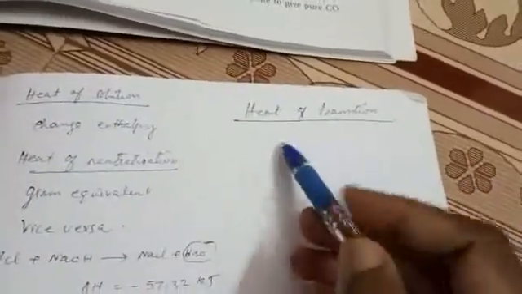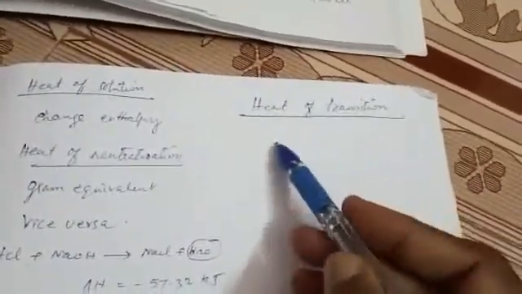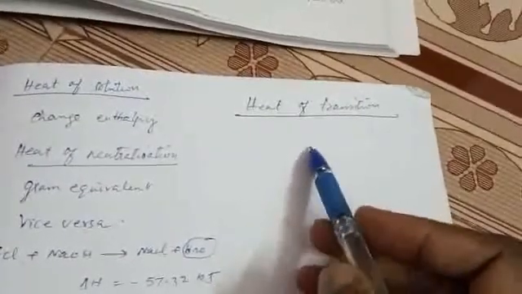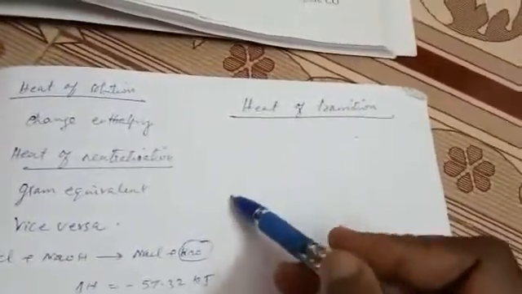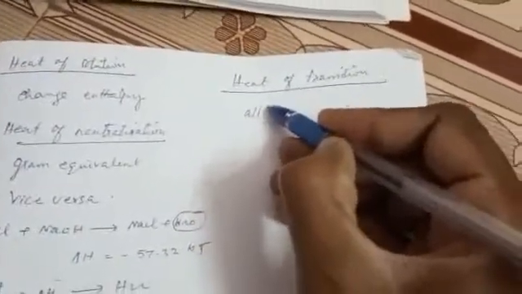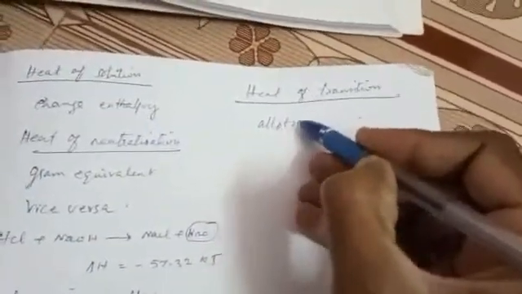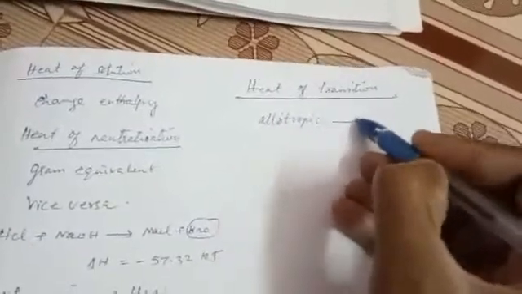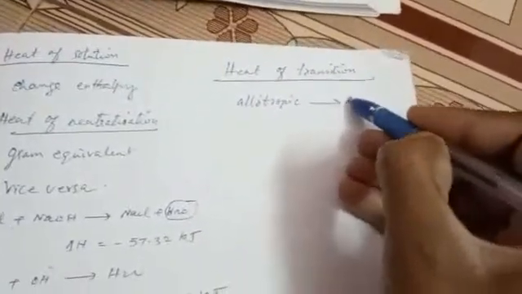Next, heat of transition. The change in enthalpy when 1 mole of an element changes from one allotropic form to another.